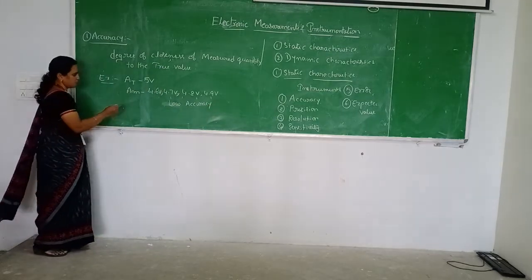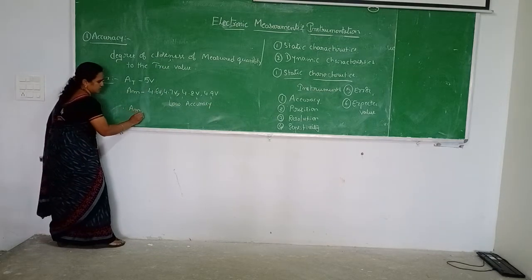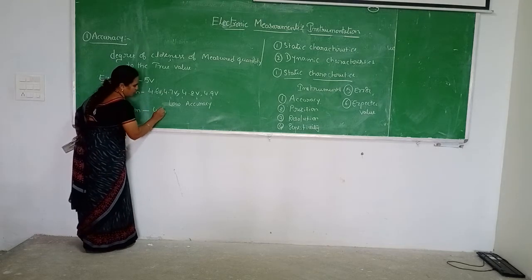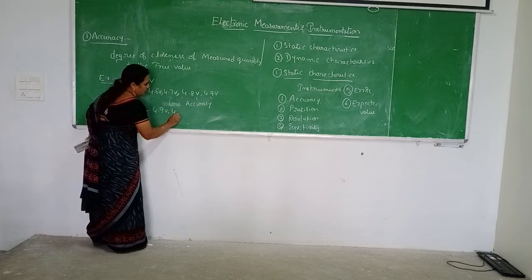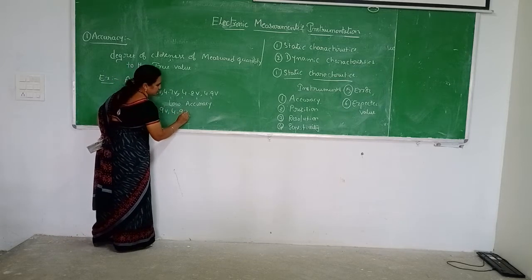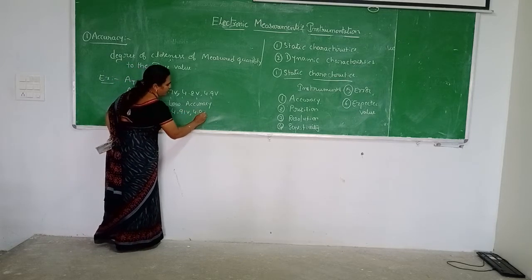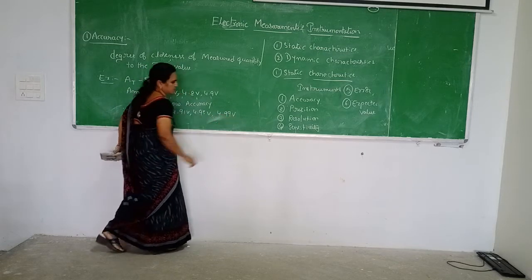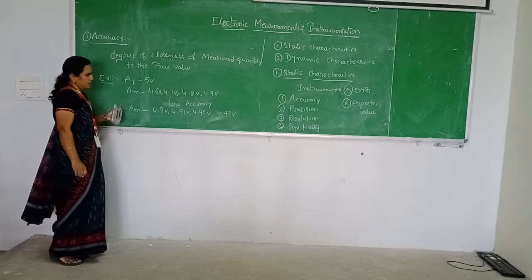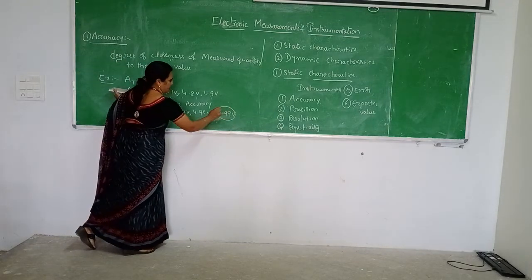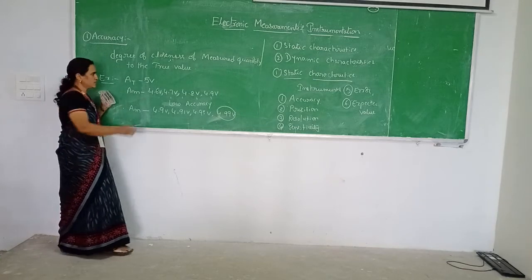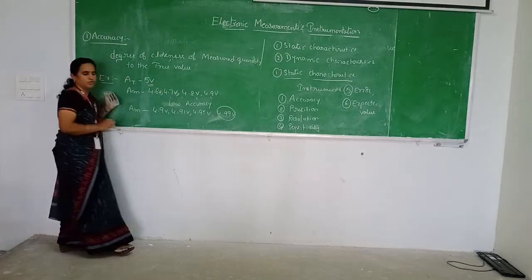Suppose the measured values for the input of 5 volts are 4.9 volts, 4.91 volts, 4.95 volts, 4.99 volts. Here the last measured value, 4.99 volts, is very close to the true value.